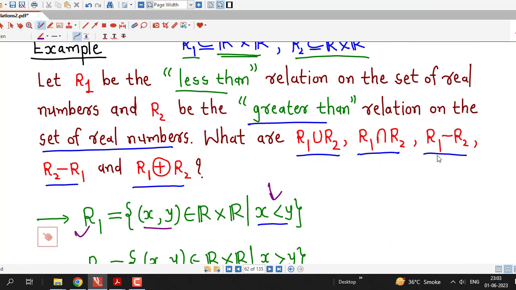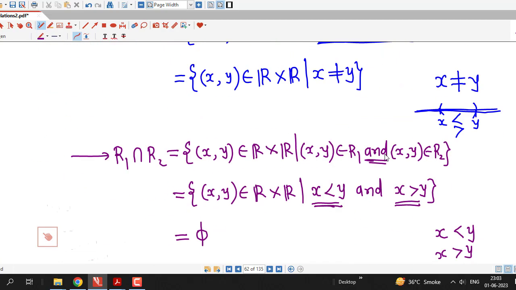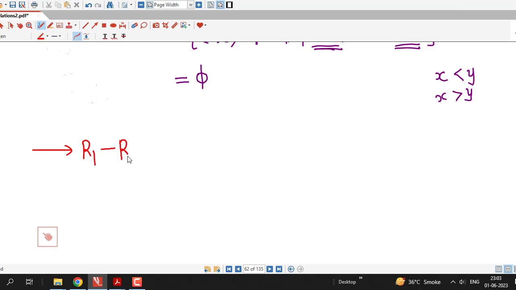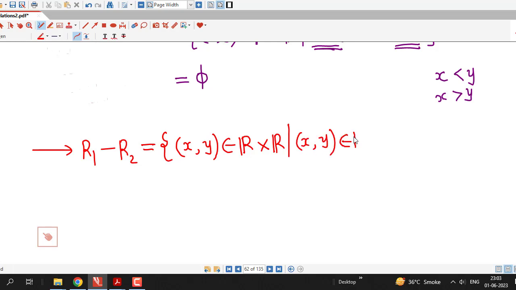Next operation is R1 minus R2, that is the difference of R1 and R2. So now we try to find out what R1 minus R2 is. By the definition of the difference of two sets, we have to write down all those ordered pairs from R cross R such that the ordered pair xy belongs to R1 and xy is not in R2.